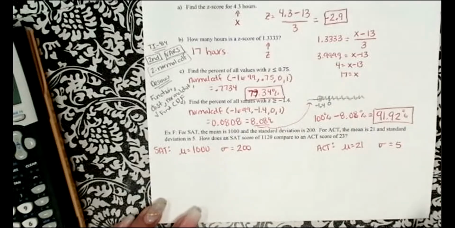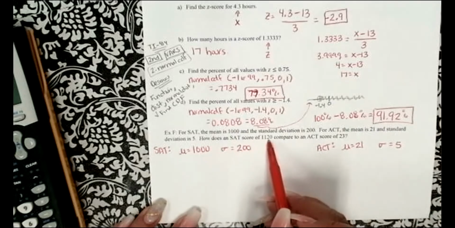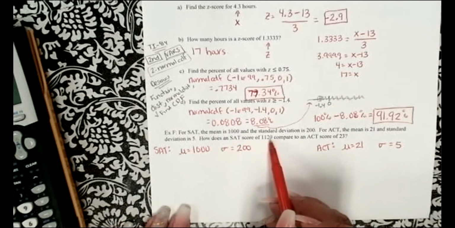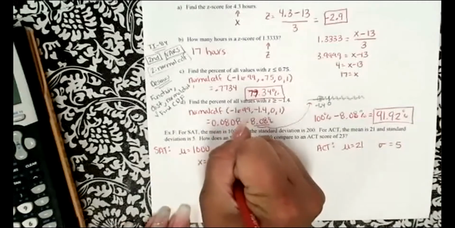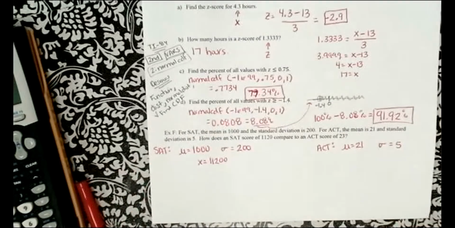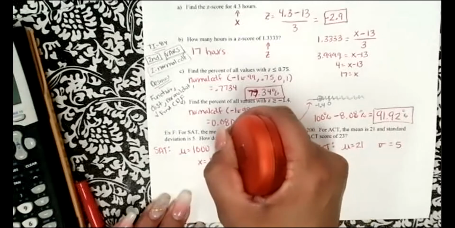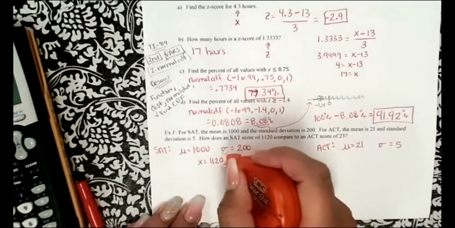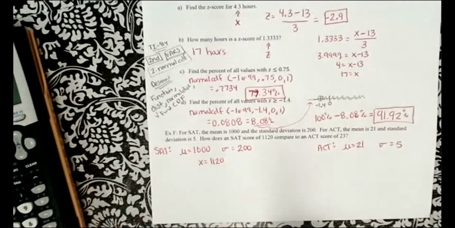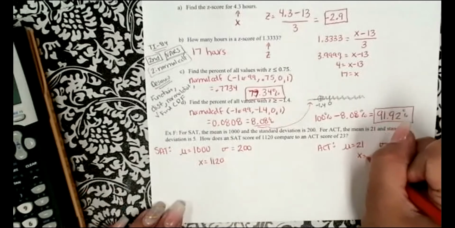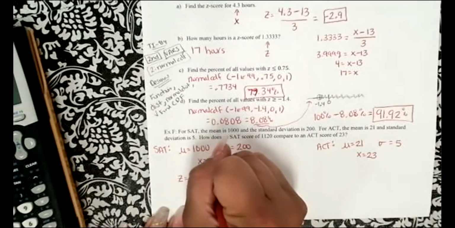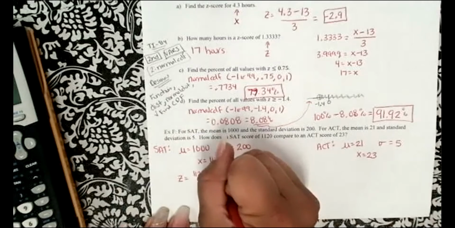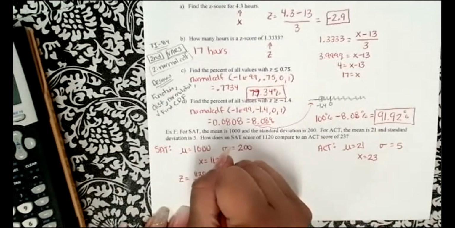How does the SAT score of 1,120 compare? So that's going to be your x. And then right here, it says the ACT is going to be 23. So I'm going to find my z-score. It's going to be x minus the mean value divided by the standard deviation.